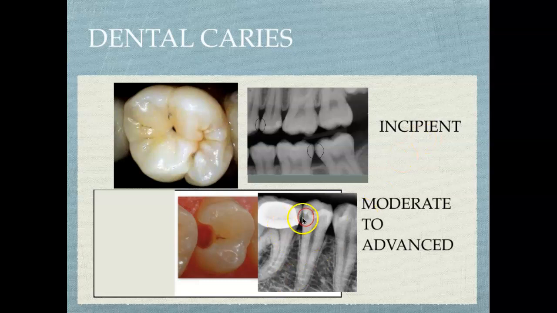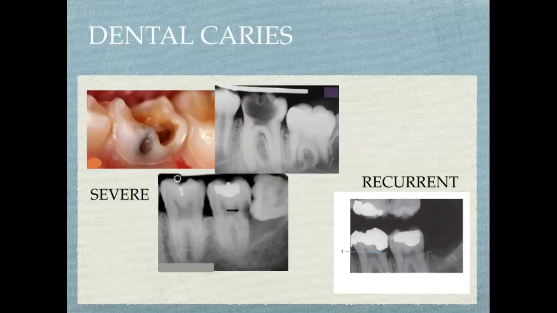Then we have moderate. This is actually a pretty large decay, but radiographically you can see that it is through the enamel and the dentin. So this could be moderate to advanced. Our next slide shows severe decay for sure. You can see it's into the pulp chamber.